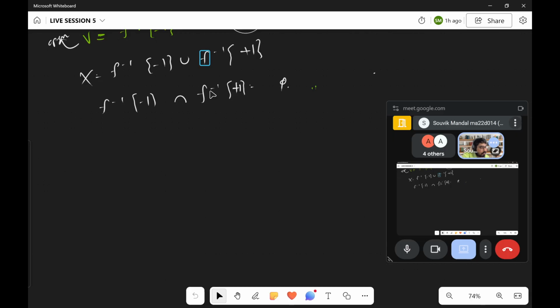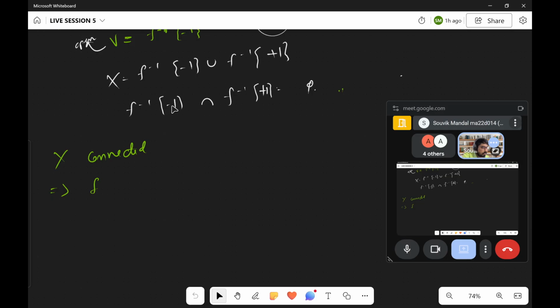The point is that since x is connected, this implies that f of x is also connected. Why? Because f is continuous, correct?